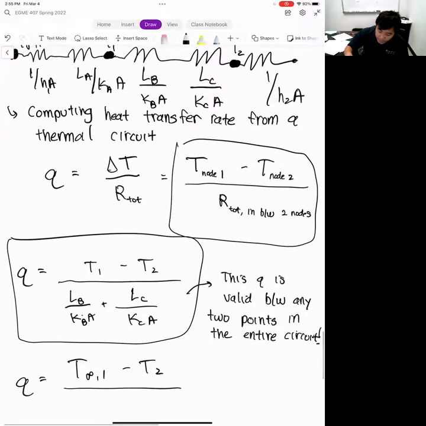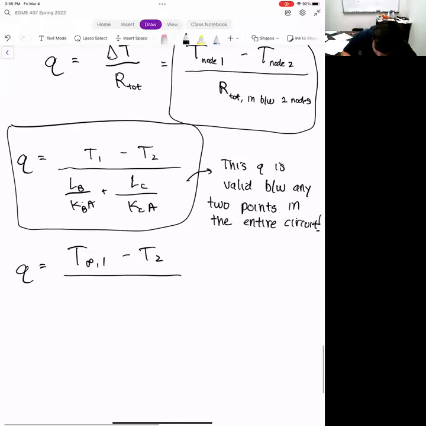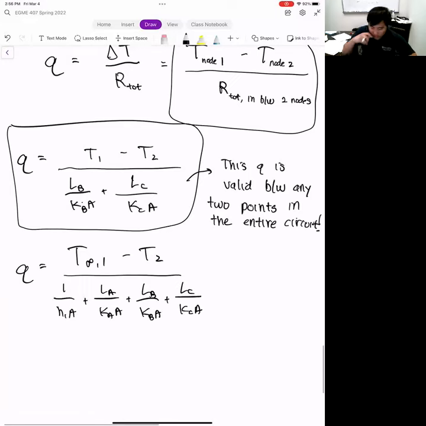Going in between those two, we pass over 4 resistances, and so we're going to have 1 over H1A plus LA over KAA plus LB over KBA plus LC over KCA. This Q is the same as that Q because it's just a single path. There's only one way that the heat can go. And so if you take any 2 points in the circuit, they're going to share the same Q as any 2 other points in that circuit.